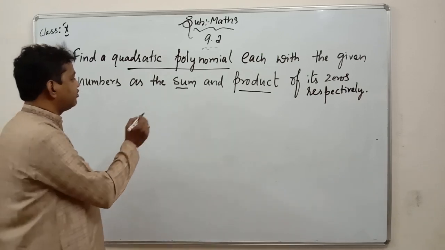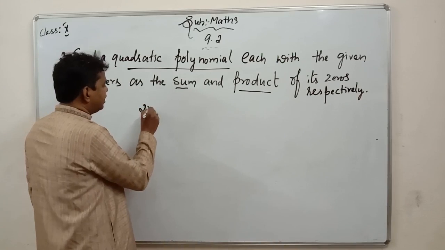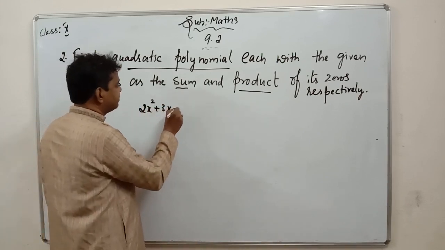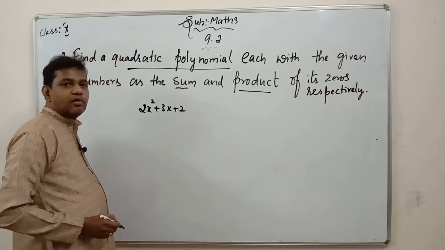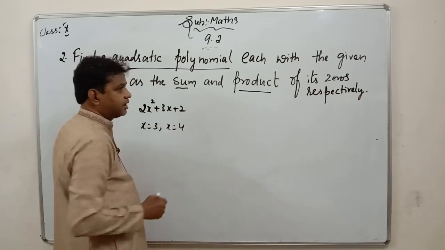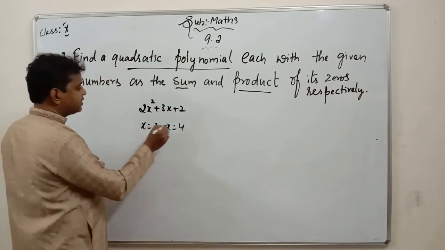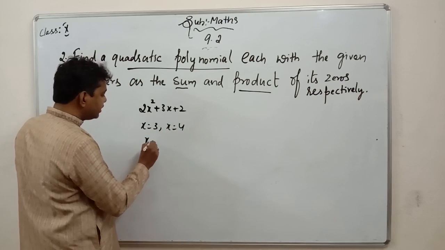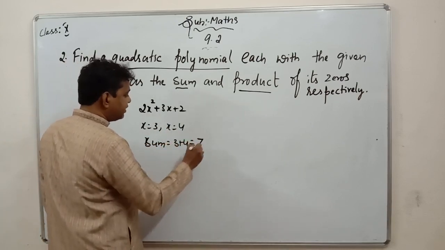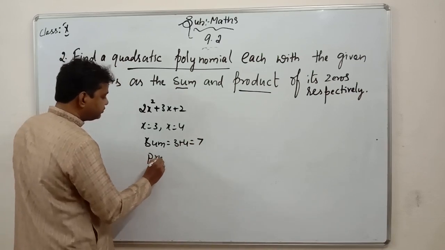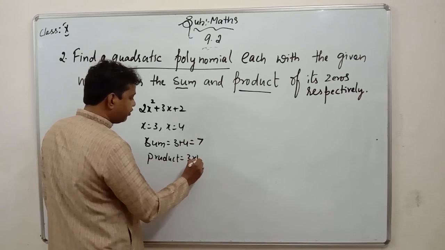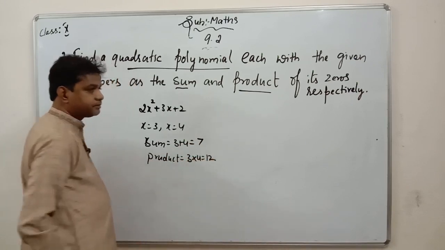I will tell you what's going on with an example. It is not exact. For example, say x square minus 7x plus 12 is there. You used to get either x equals 3 or x equals 4, and you used to add them: sum equals 3 plus 4, that is 7, and product equals 3 into 4 equals 12.